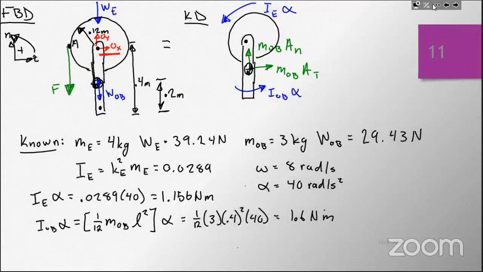So I_OB is the mass moment of inertia of the bar. It's a measure of how much mass we have distributed throughout the bar. I_OB alpha is the inertia of the bar.